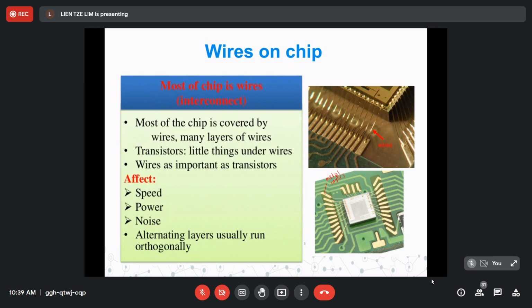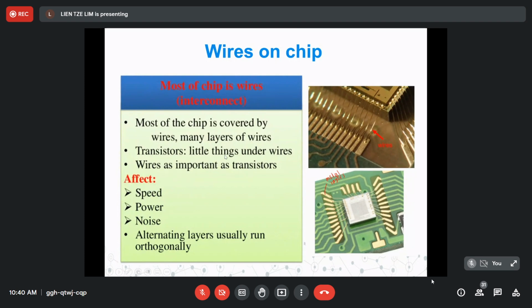All these in the chip are transistors. Transistors are important because they are like switches, and they allow the chip to perform different functions. And the wire is also important.